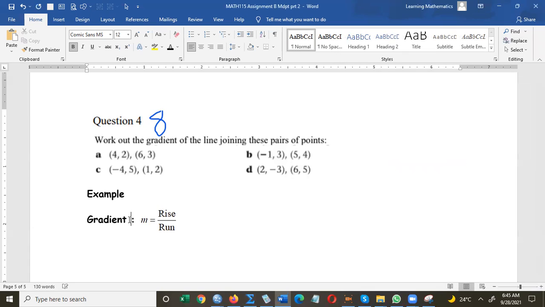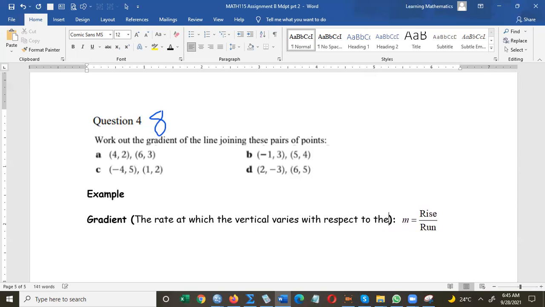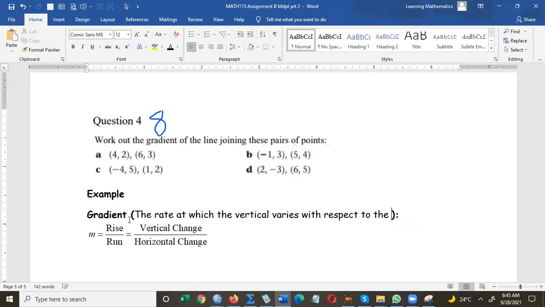We can put in brackets, in simple terms, the rate at which the vertical varies or changes with respect to the horizontal variation.